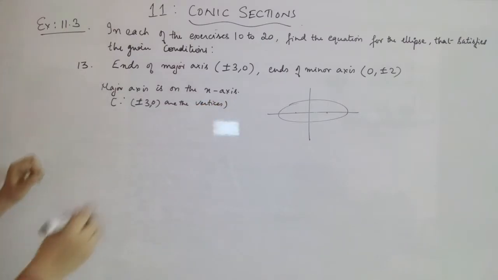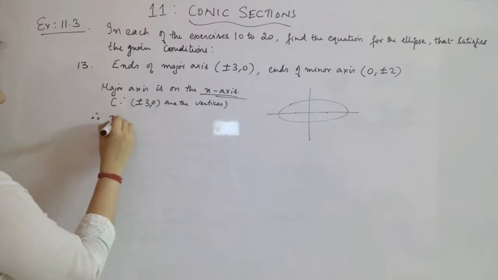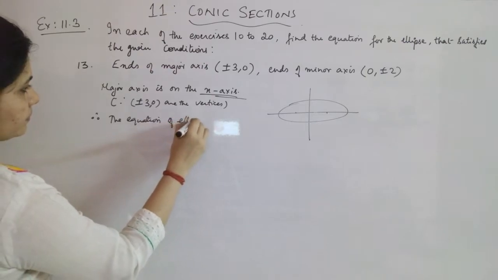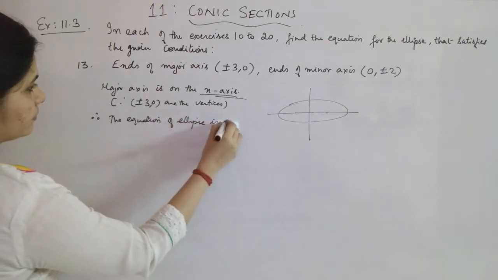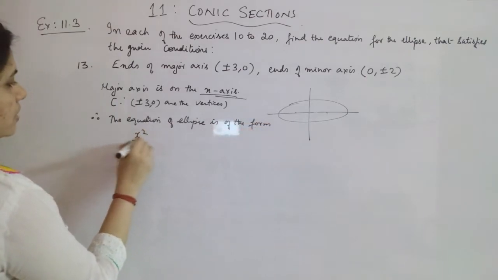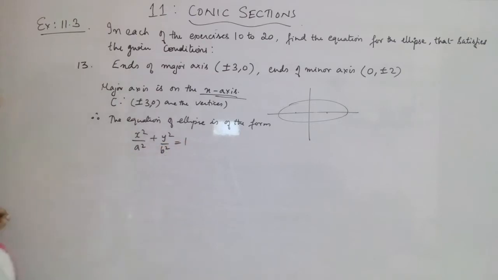Okay. So major axis on the x axis. Therefore, the equation of the ellipse is of the form x square by a square plus y square by b square equal to 1.